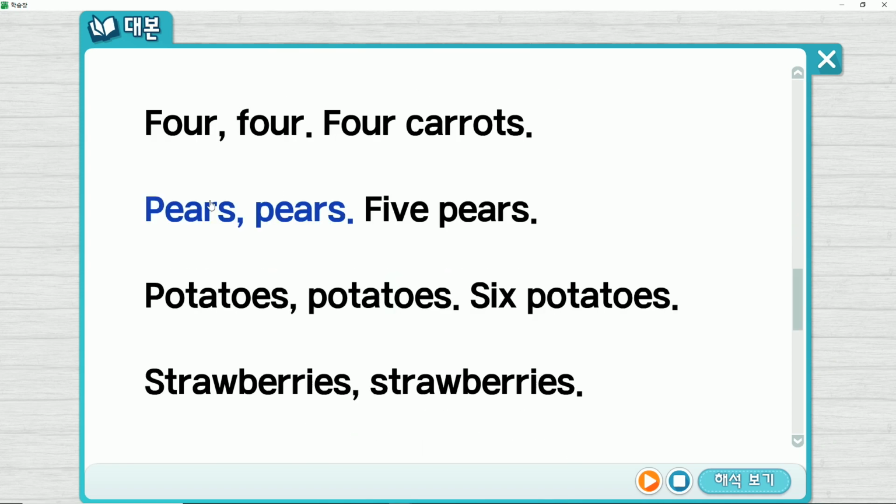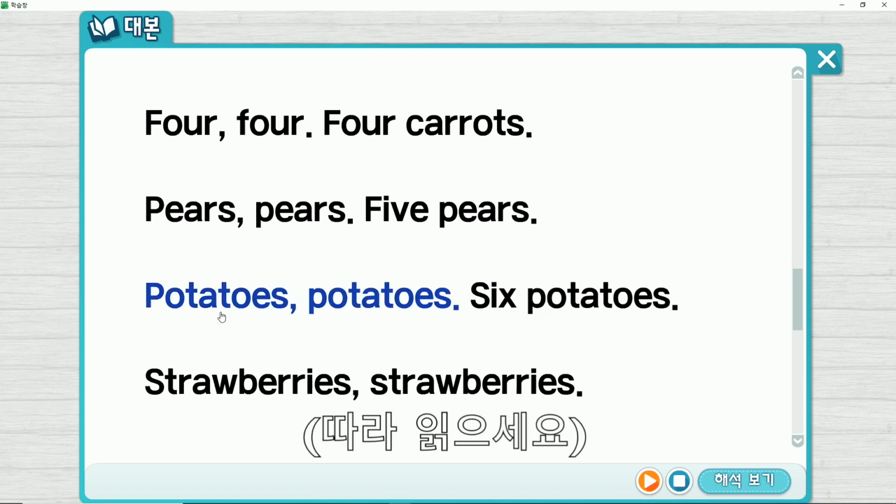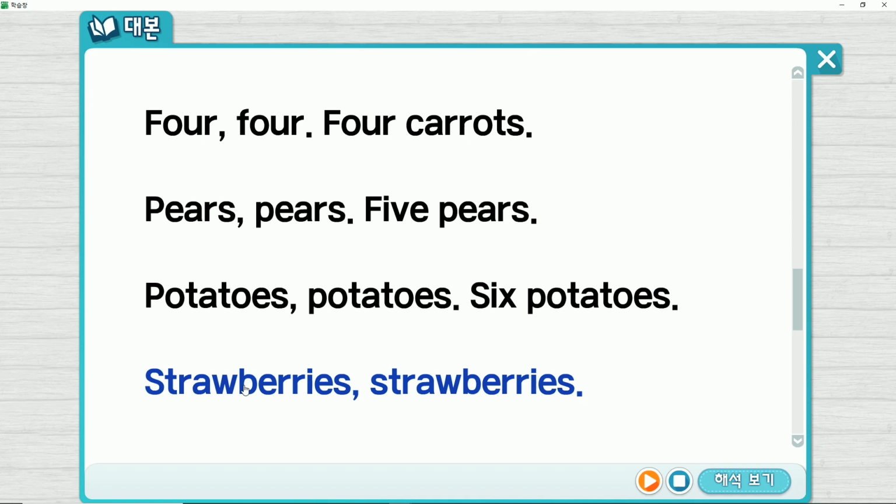Pears. 5 pears. Potatoes. 6 potatoes. Strawberries.